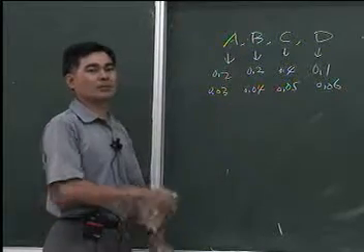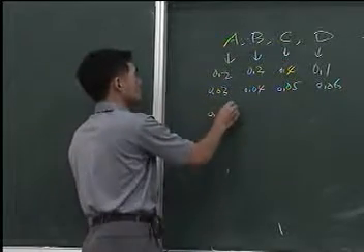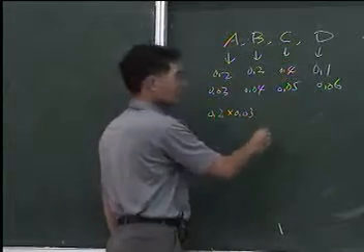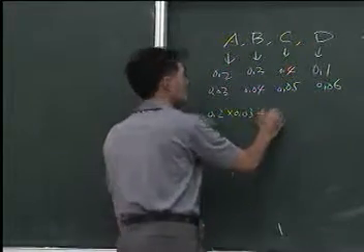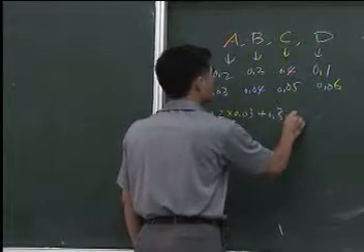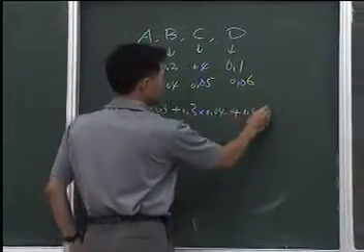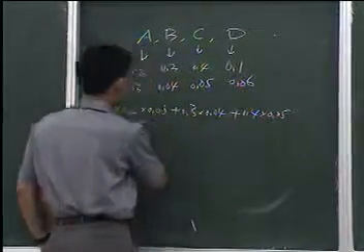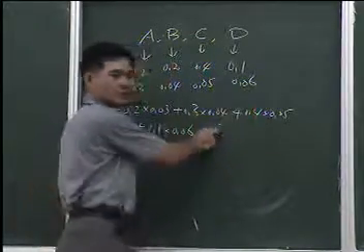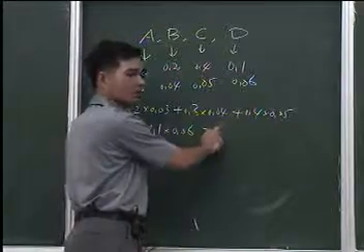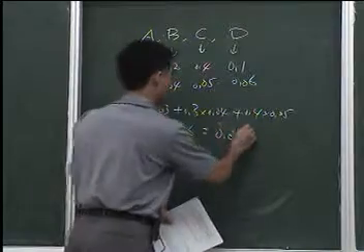So the probability that it is defective and also from A is equal to 0.2 times 0.03, right? And then the probability that it is defective and from B is 0.3 times 0.04, and then the same thing, 0.4 times 0.05 plus 0.1 times 0.06. So you get, how much is it? It should be 0.044, okay?